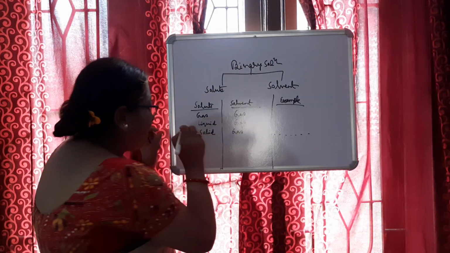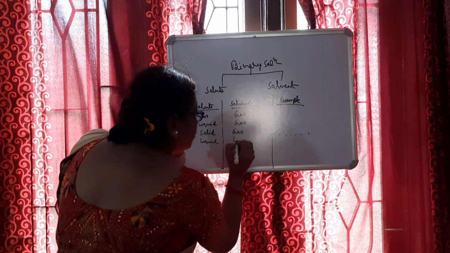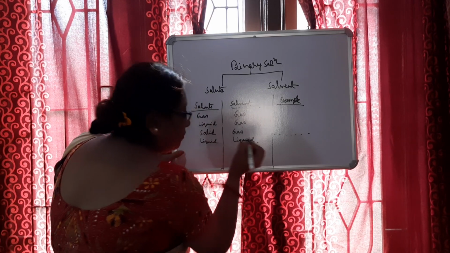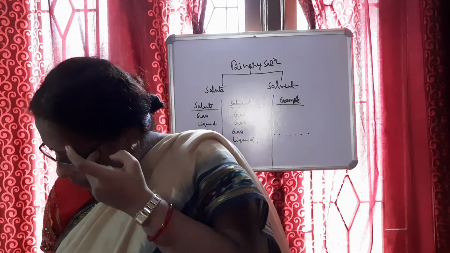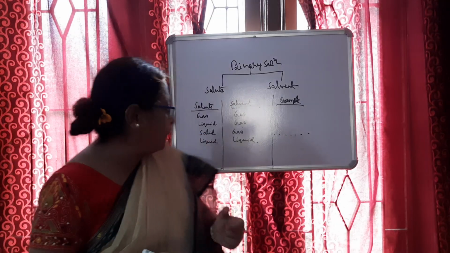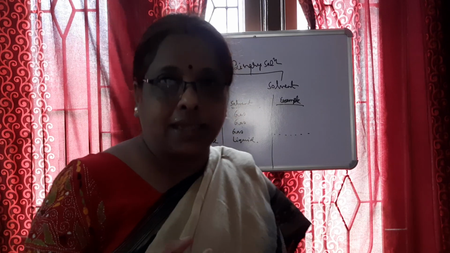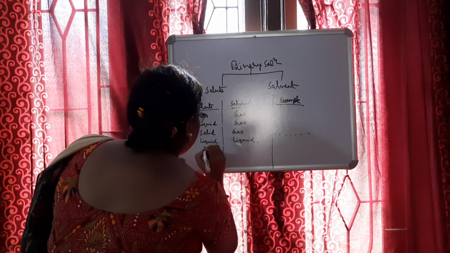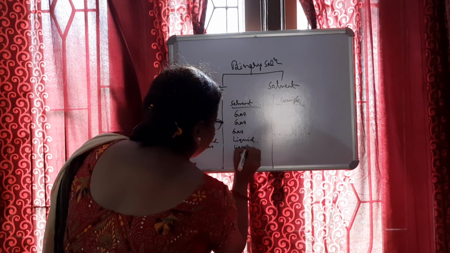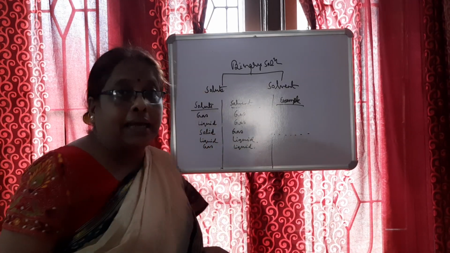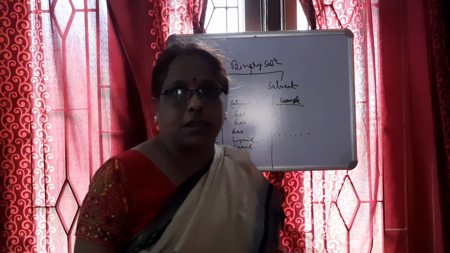Again, whenever the solute is liquid and the solvent is also liquid, the example is alcohol in water. Whenever the solute is gas and the solvent is liquid, the example is aerated water containing carbon dioxide.